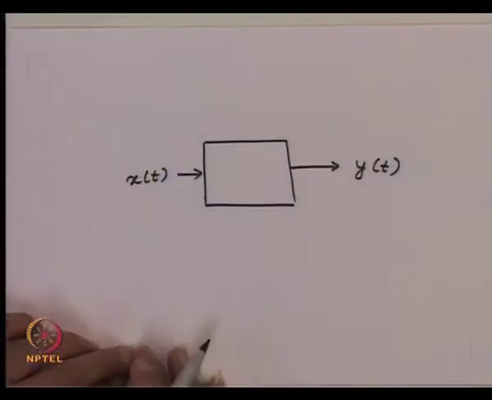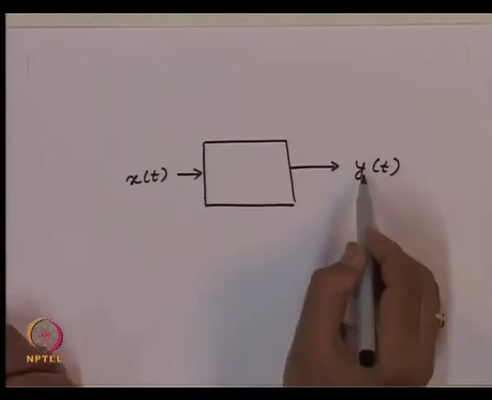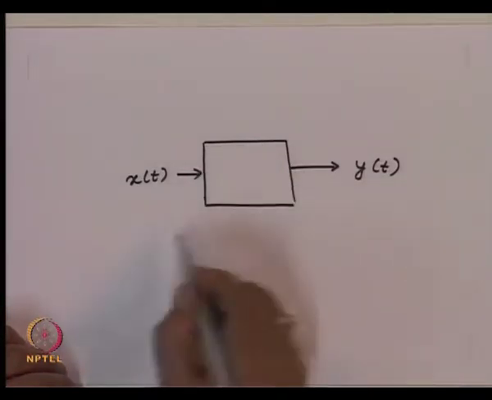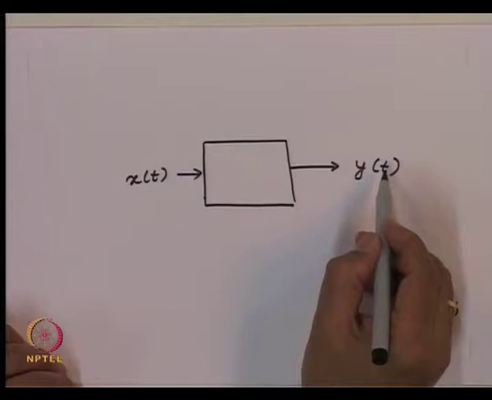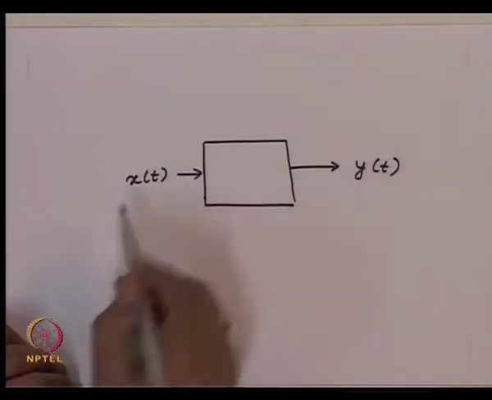So, let us say suppose I had a system and suppose we put some signal x of t and we get from this system a signal which is y of t. We say the signal is not distorted while passing through this system if y of t is a replica of this signal x of t.